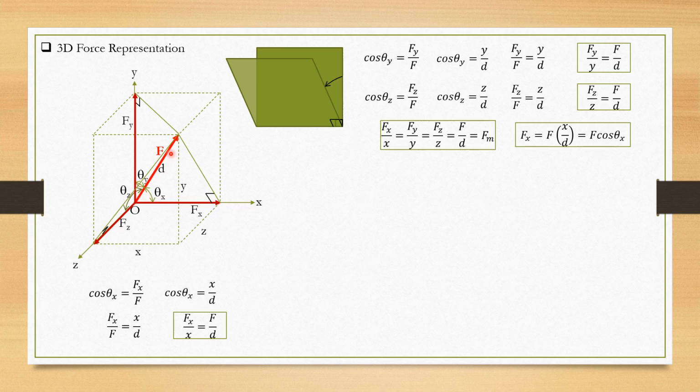From here, it is hypotenuse times cosine of theta x. Fy is hypotenuse F times cosine of theta y. Fz is hypotenuse F times cosine of theta z, so that we can easily remember this.